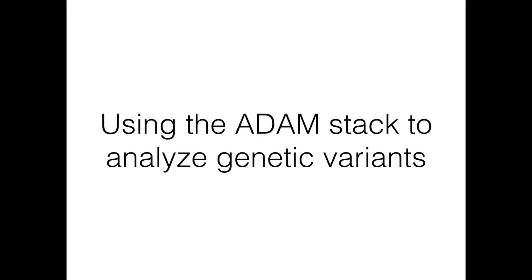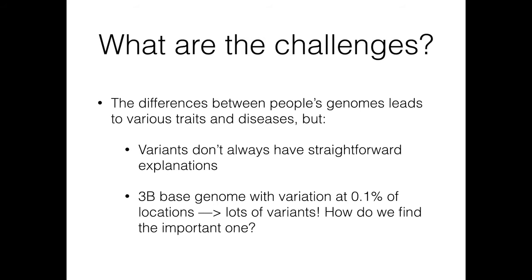Just to shift gears a little bit, I want to talk about some of the work we've been focusing on recently, which is how you use this software stack to analyze genetic variants. There's a very big challenge in this.